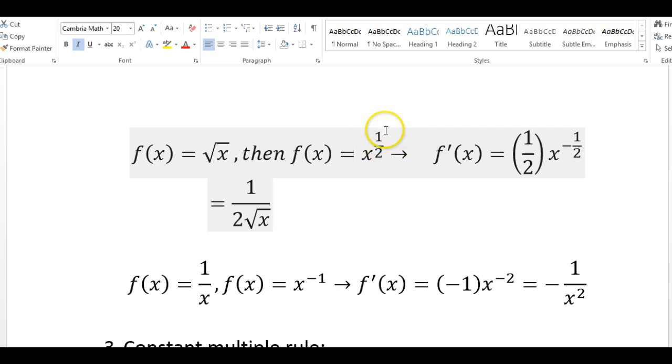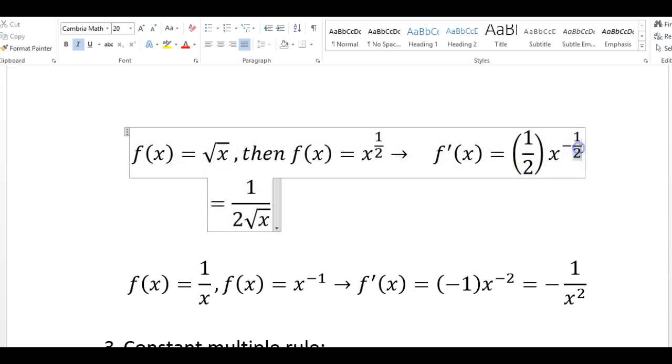That becomes negative 1/2. So you get x to the negative 1/2. Now we don't usually leave our answer with negative powers, so you want to convert this into a positive power. So it's 1 over 2, and x to the 1/2 is just 1 over x to the half.